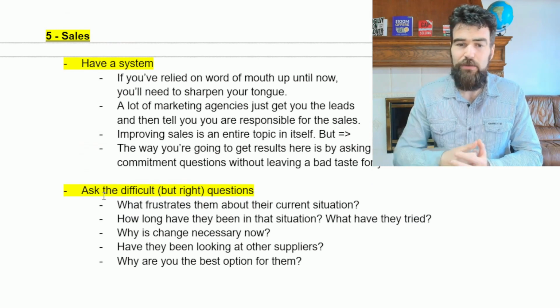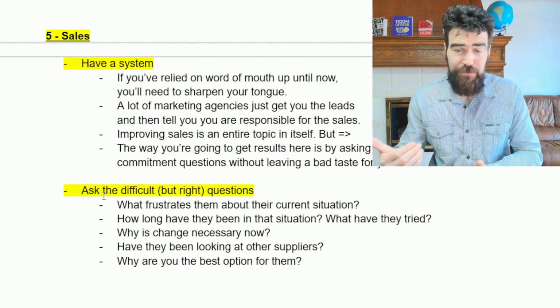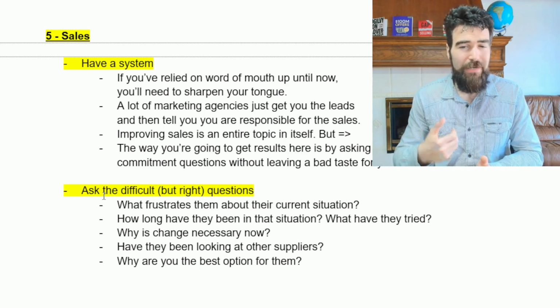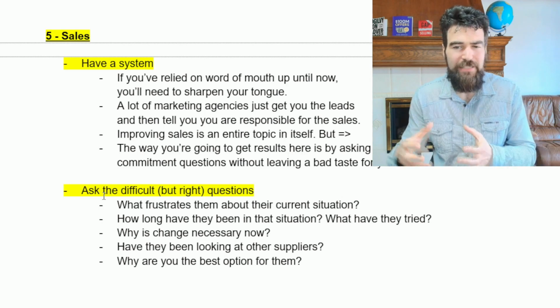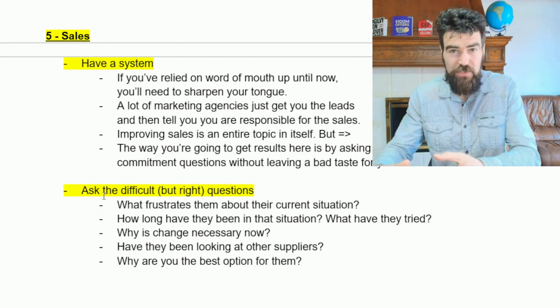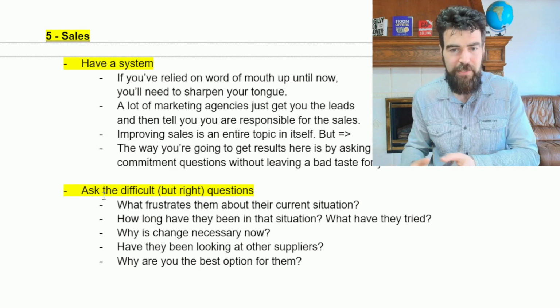Some examples here: what is frustrating for them currently about their situation? You need to ask that or probe for that. How long have they been in that situation? What have they tried to fix that? You need to actively work with your customer. You need to be a consultant on that if you want to do good sales.